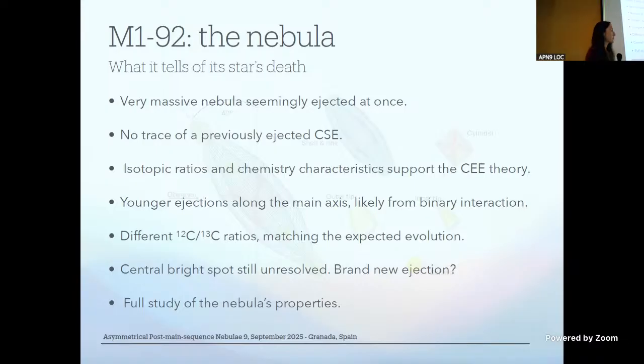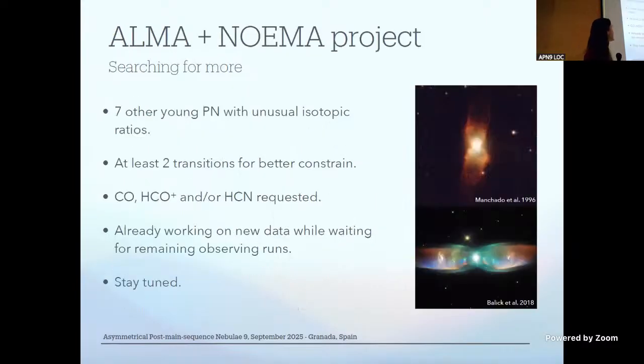So as a last point, we are trying to search for more in other nebulae. We have a project in ALMA and NOEMA trying to find this change in isotopic ratio. So stay tuned for more. Thank you.